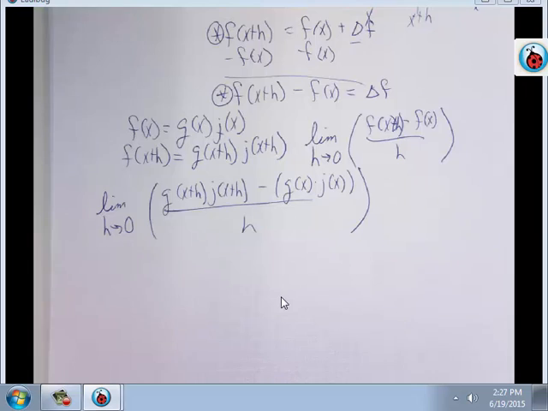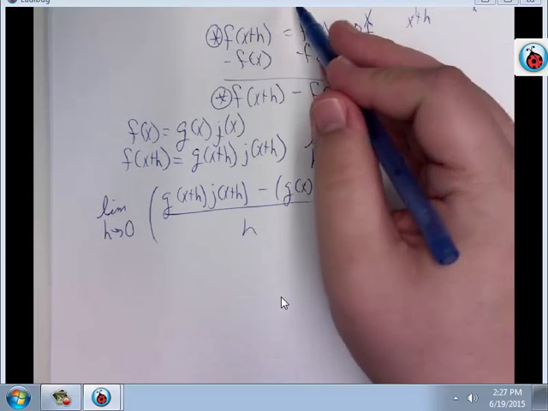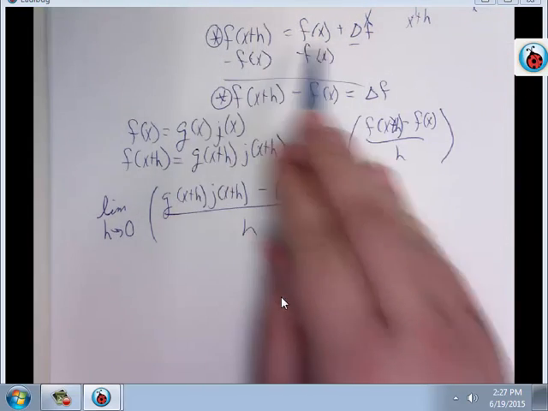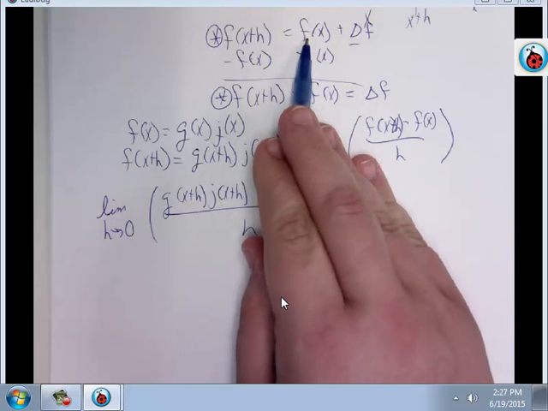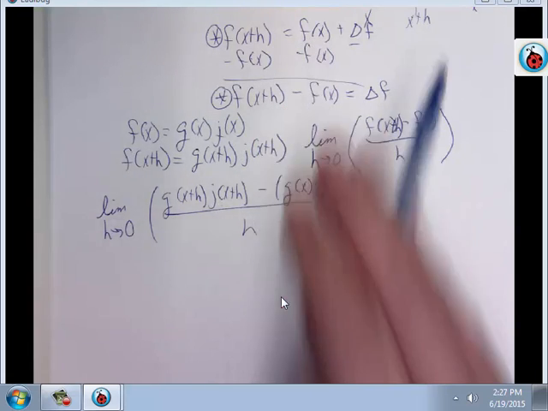But now, if we go back up to here, we have kind of a value to put in for these in terms of just the basic function of x.